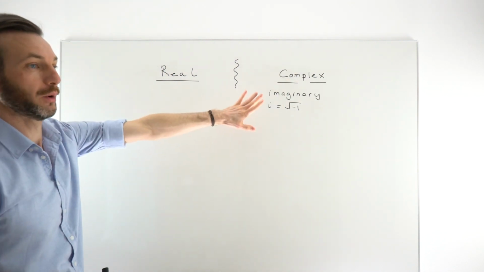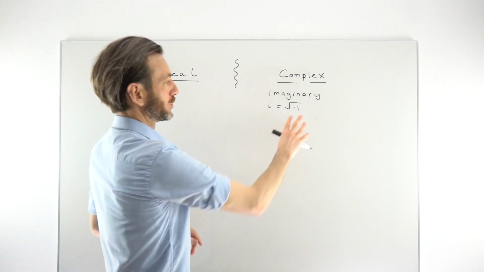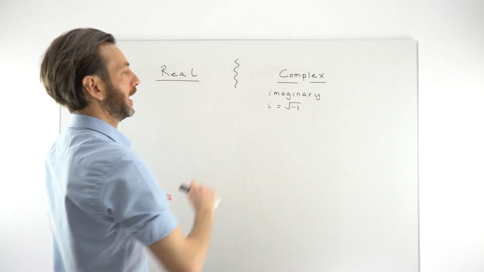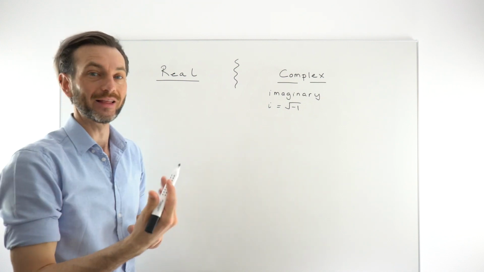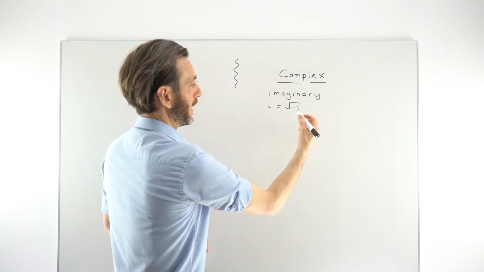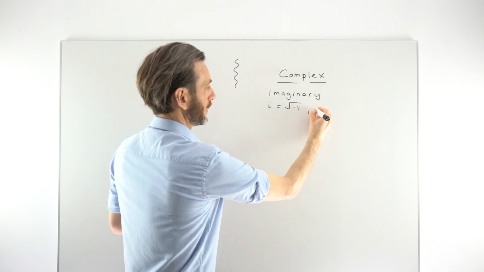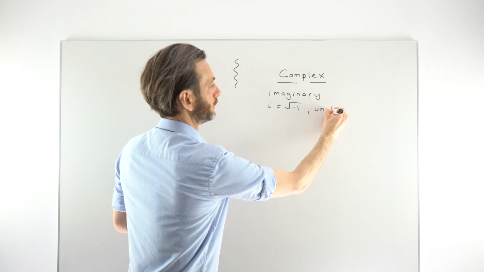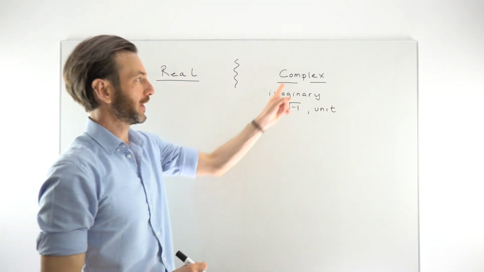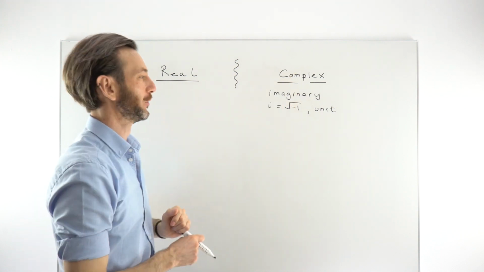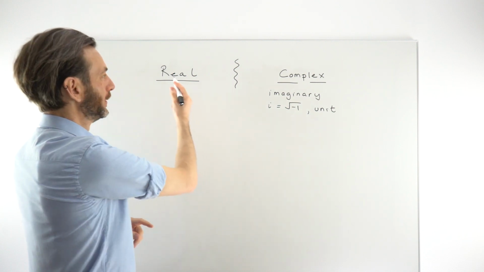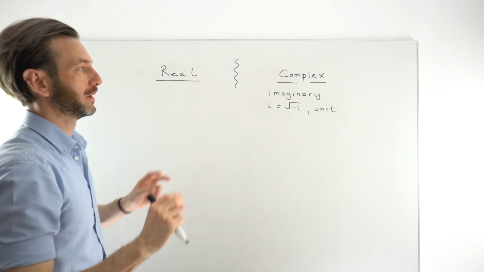Don't want to talk too much about that because you'll probably be taking a course on that in the future anyway, but I just want to set up the contrast between real and complex numbers and to highlight that these complex numbers are imaginary numbers and they're built out of this imaginary unit. So we'll call this the imaginary unit. Okay, so we'll just park that, and if you're curious about that, you can look into complex numbers a little bit further. They basically allow us to solve equations that we cannot solve in the real number system.